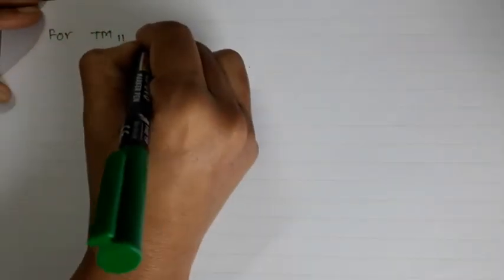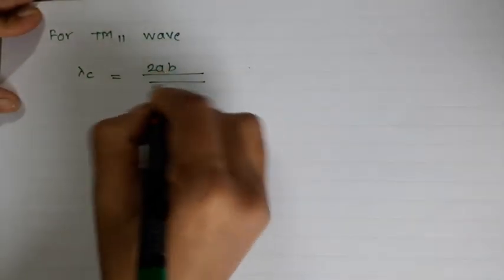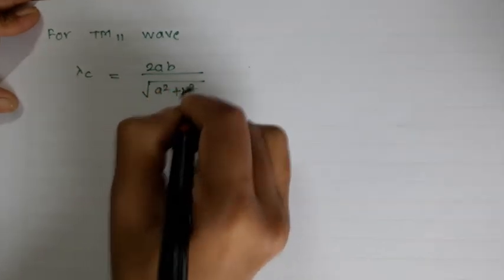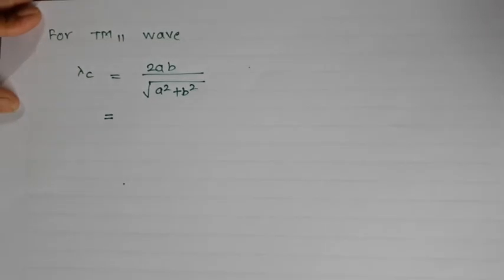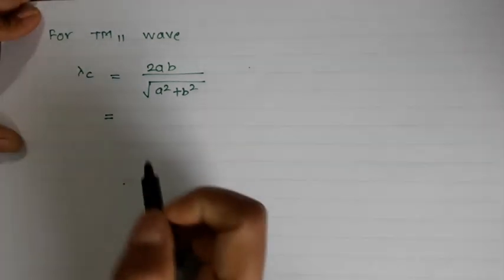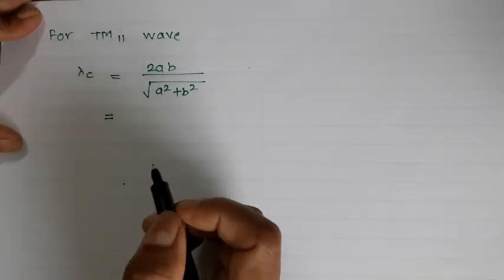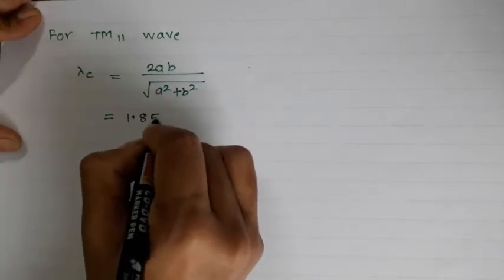For the TM11 wave, again lambda c is equal to twice ab divided by the square root of a square plus b square, and whatever we have calculated will be the same for this particular mode. So lambda c for TM11 is the same as lambda c for TE11, which is 1.856.